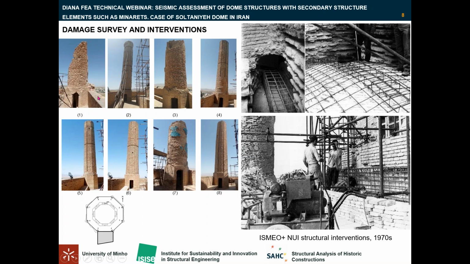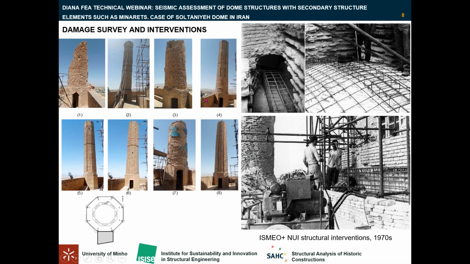As you can see, minaret number 1, 2, 3, and 7 are original, but partially collapsed. Minaret number 4 is partially rebuilt. You can see here up to this part, it's original, but the rest have been rebuilt.